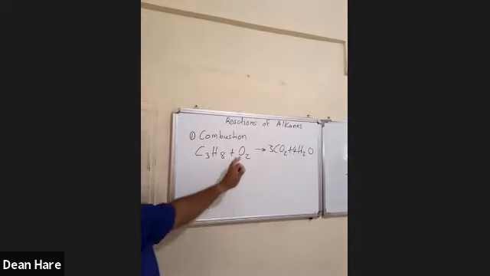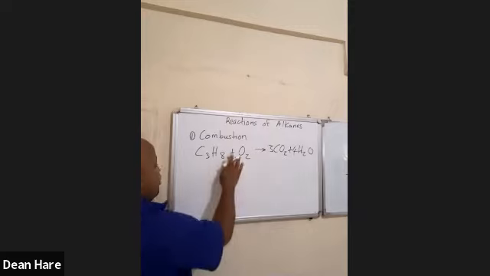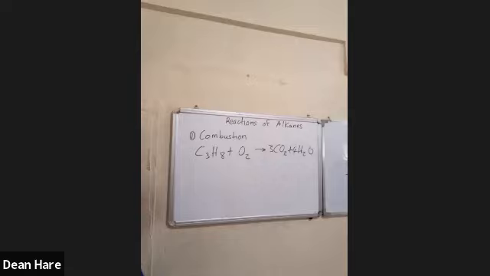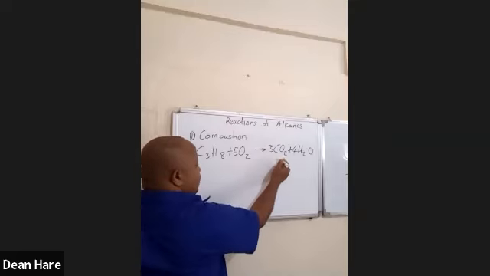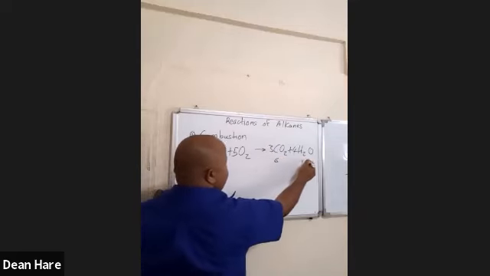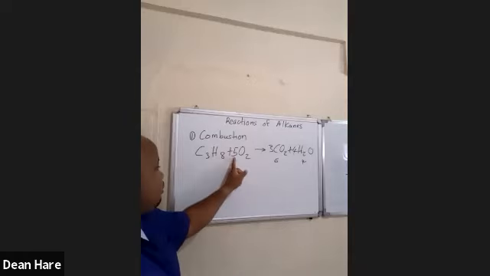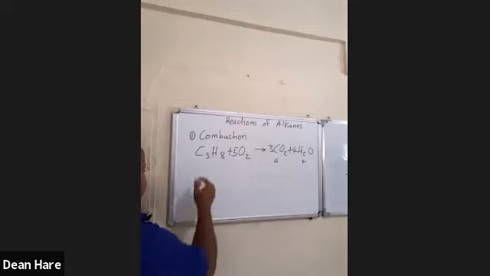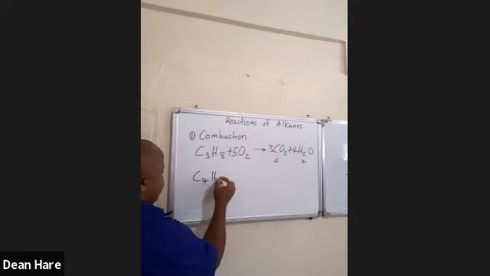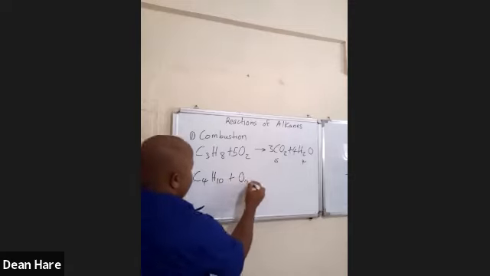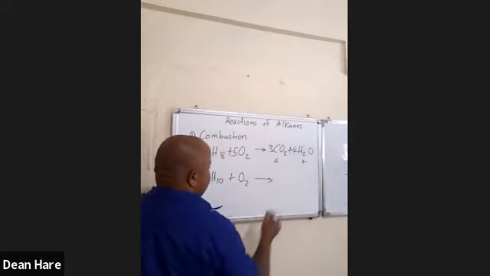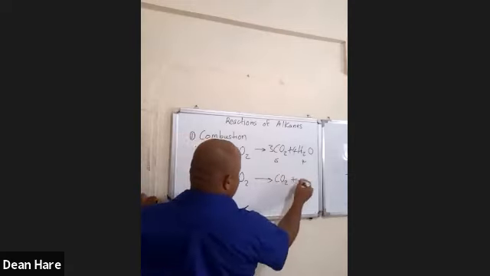And how many oxygen should I put here? Five. That is correct. So 3 twos, 6 oxygen here, plus 4 in water, that's a total of 10 oxygen, so 5 twos, 10.